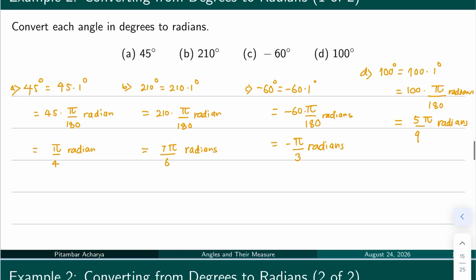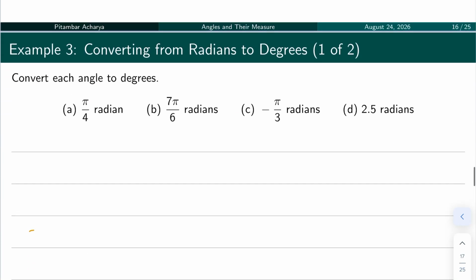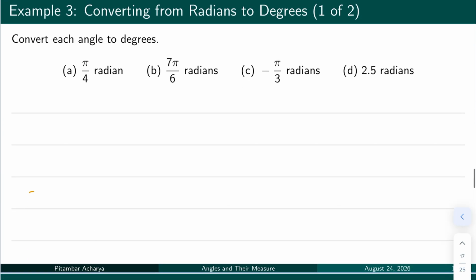Nice. Okay, now do the vice versa. Convert from radians to degrees. So pi over 4 radians equals pi over 4 multiplied by 1 radian.